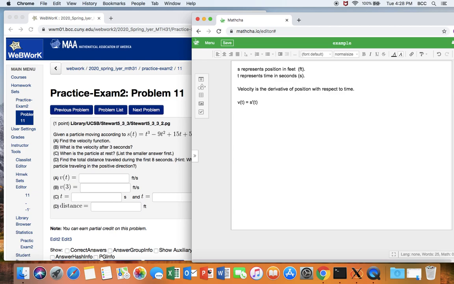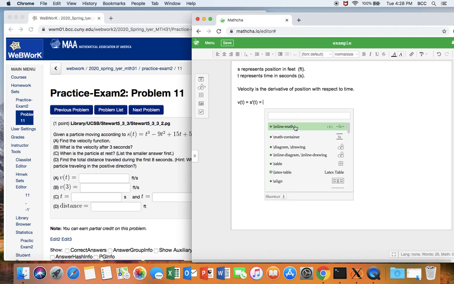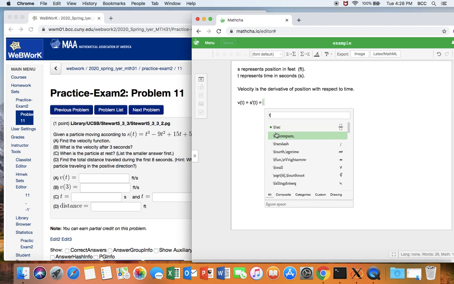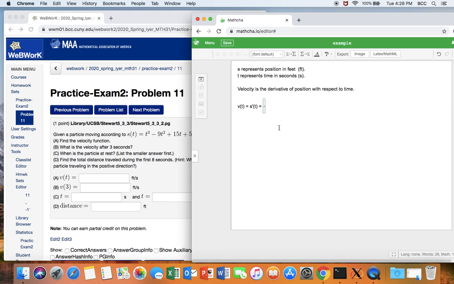This is Newton's notation, or you may write it in Leibniz notation as a fraction, ds over dt. All these three mean the same thing. Velocity is the derivative of position, written in this notation s prime of t or ds/dt. Either way, now we come to our answer here.